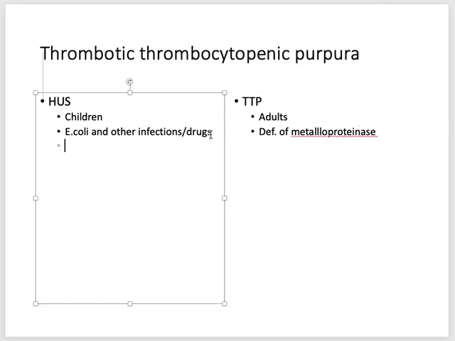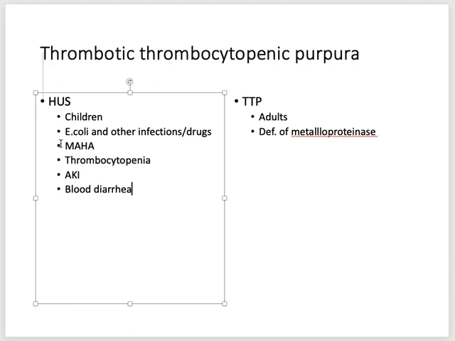If you remember from what we have already studied, there can be MAHA, thrombocytopenia, acute kidney injury, and bloody diarrhea.